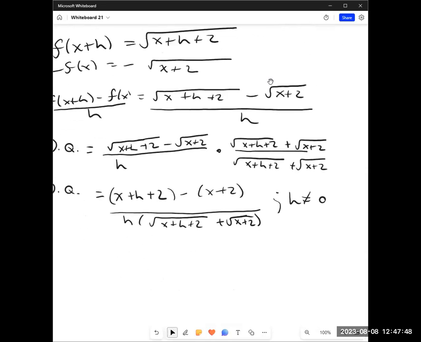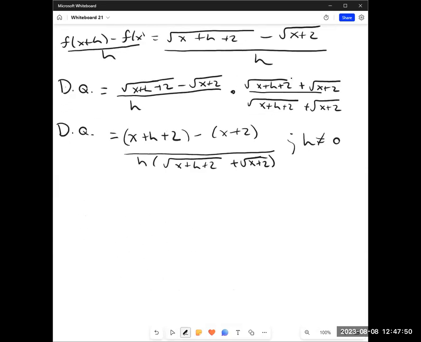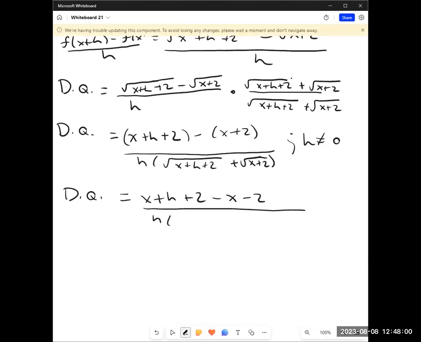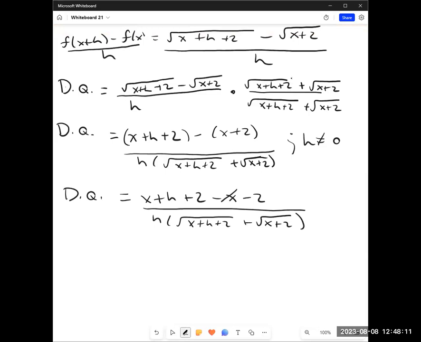I'm going to bring this up here. So my difference quotient here is going to be x plus h plus 2 minus x minus 2 over h times the square root of x plus h plus 2 plus the square root of x plus 2. And again, anything over here on the right-hand side is going to cancel out. It's going to zero out with something in the f of x plus h.